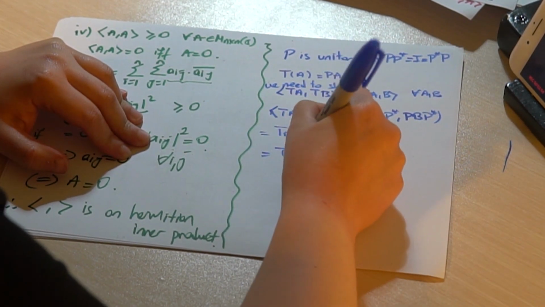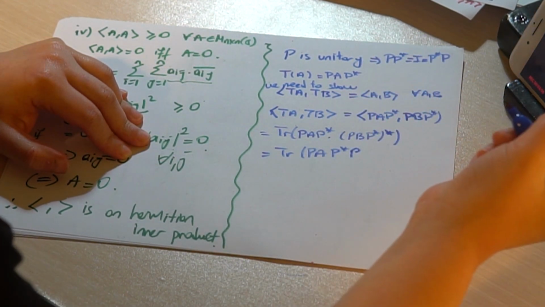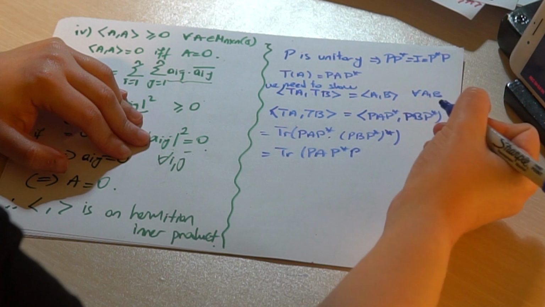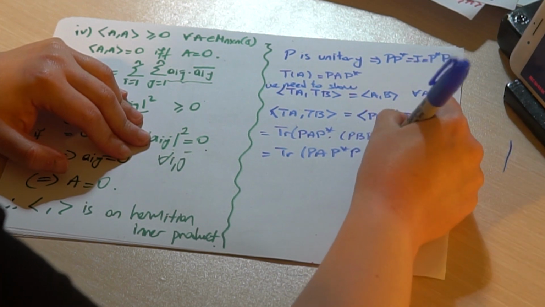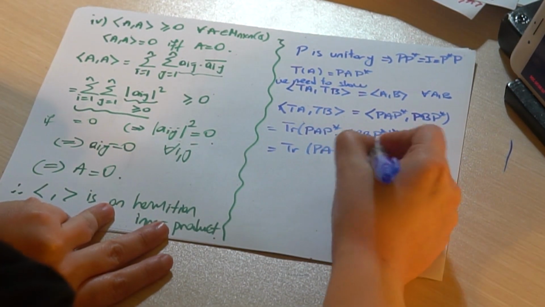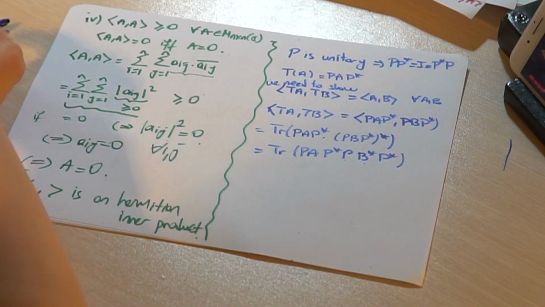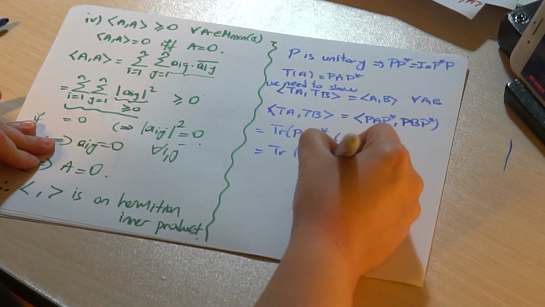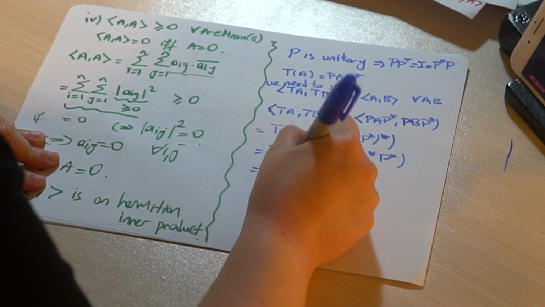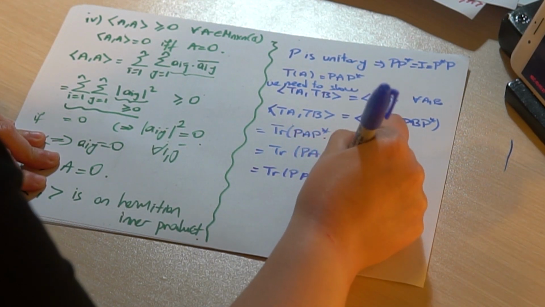So this adjoint is equal to P A P adjoint times, adjoint of this one, P B adjoint P. Okay. P B adjoint P adjoint, right? Now, since P is unitary, we know that this is equal to identity. Okay. So we can see that this is equal to trace of P A B adjoint P star.